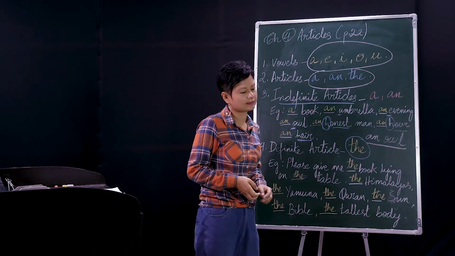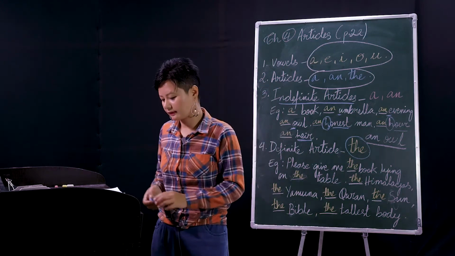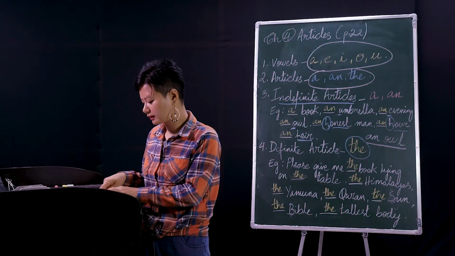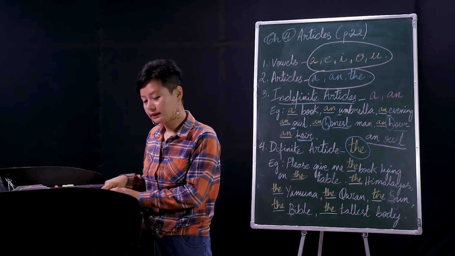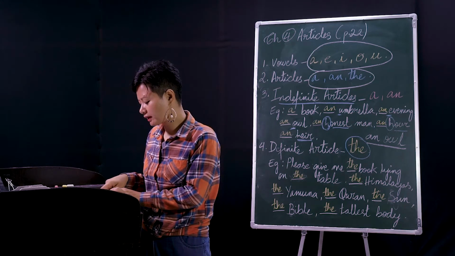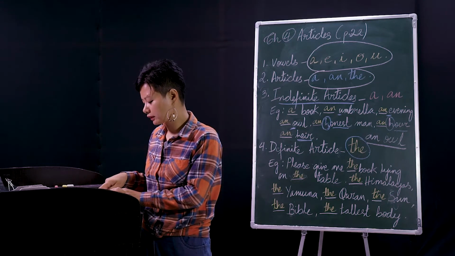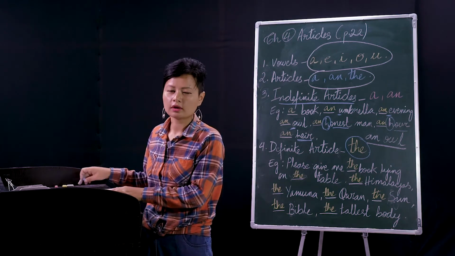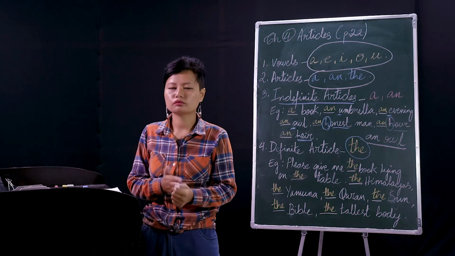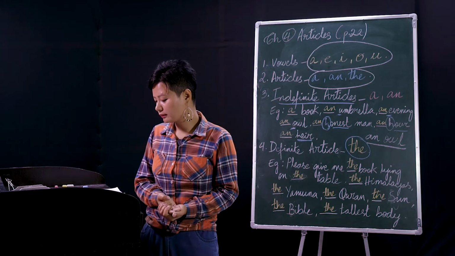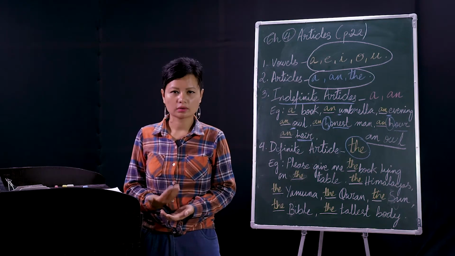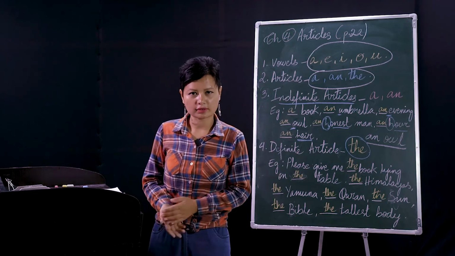And then the second rule under definite article is that, if you can see the gray box there, we use the before geographical terms, heavenly bodies and holy books. So that is the second rule of definite article. So what are geographical terms, heavenly bodies and holy books? Let us try to understand.